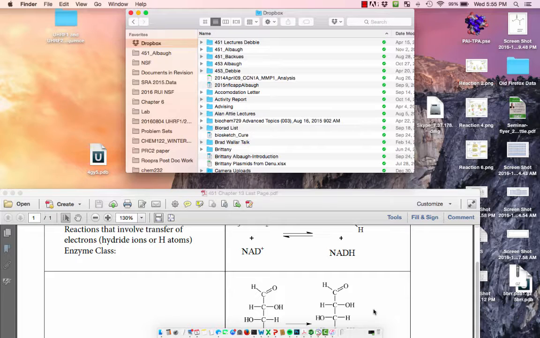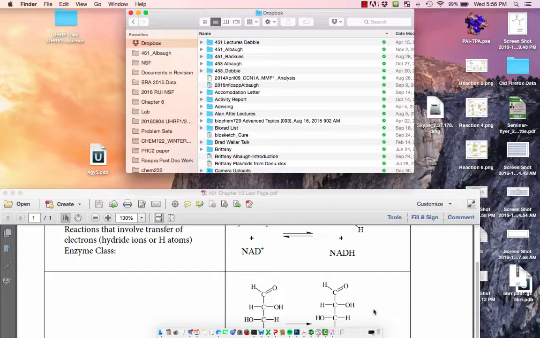So we can see this is fructose 1,6-bisphosphate, and this group here, the C double bond O followed by carbon, followed by another OH, that is an aldol group. And so what aldolase does is it breaks the carbon-carbon bond right here, the bond between carbon number 3 and carbon number 4. So when it breaks that bond, it makes 2 products.